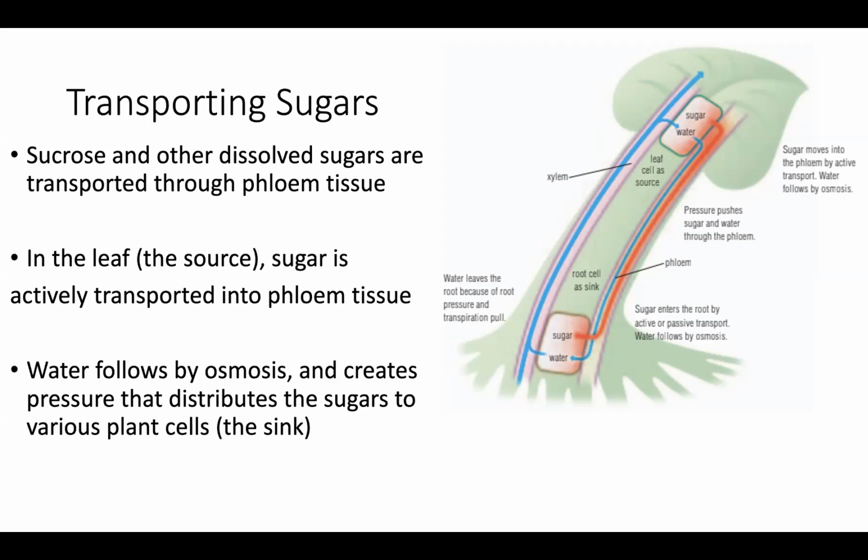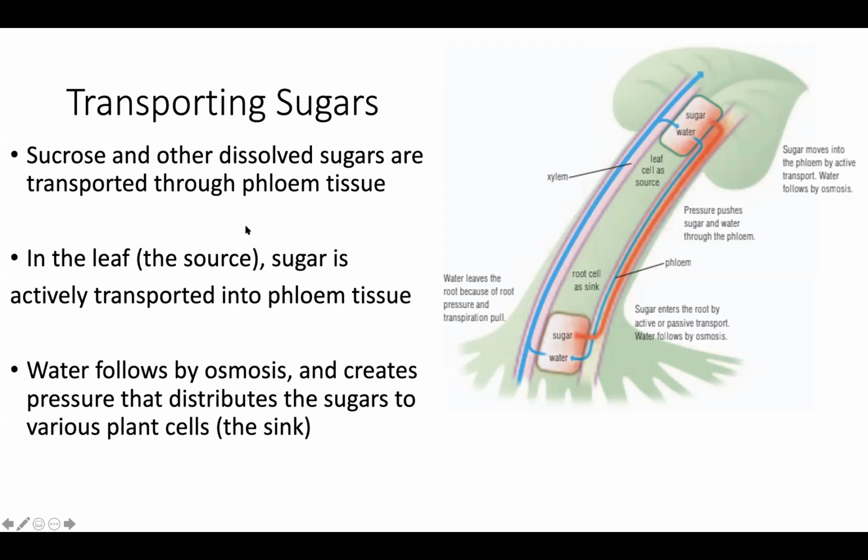Remember, food flows. The leaf is the primary site of photosynthesis. Photosynthesis still occurs in the stem of a plant, in any part of a plant that is green, because chloroplasts are what give plants the green color.